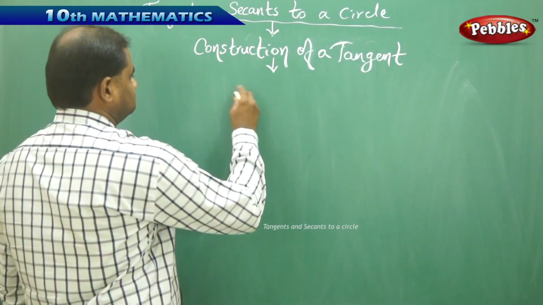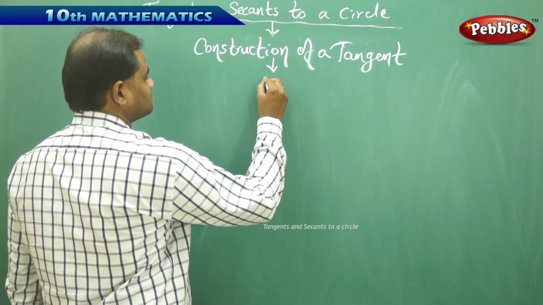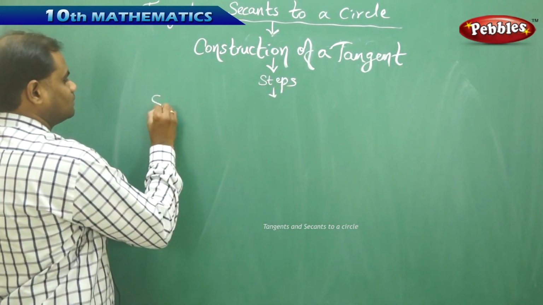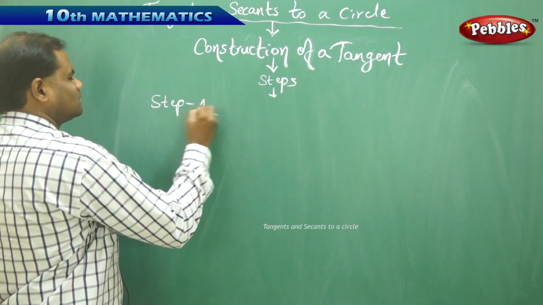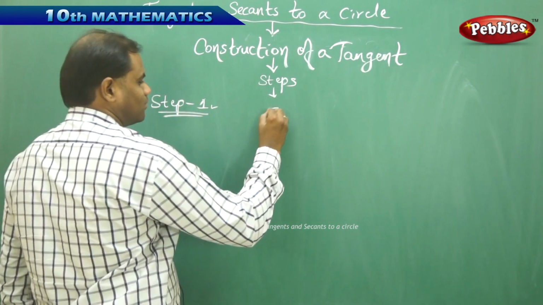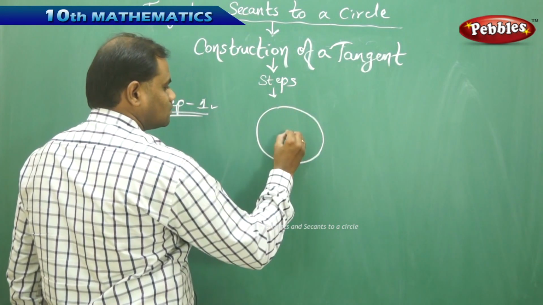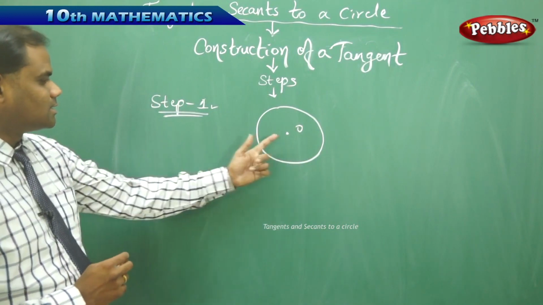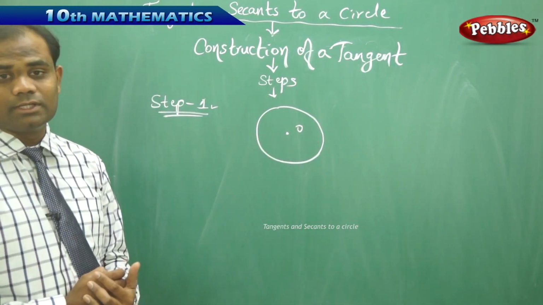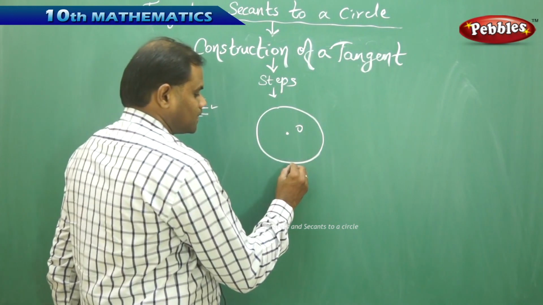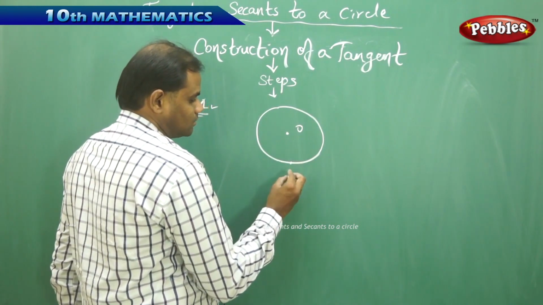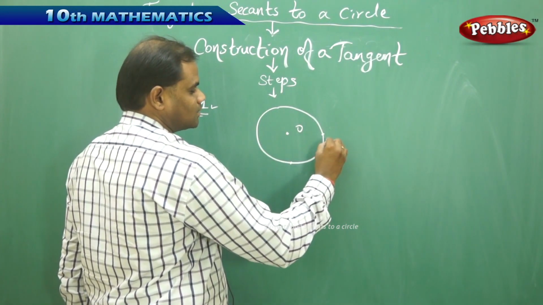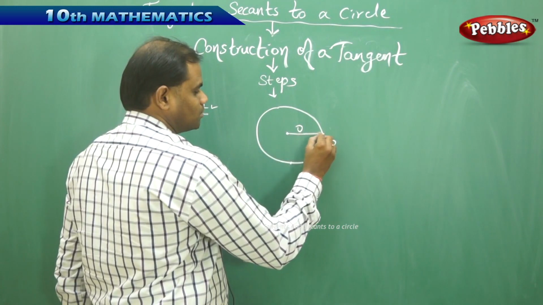So initially, let me start with the steps. Step 1 says draw a circle with center O. Then I take a point P on the circle, any point P, so that I join OP.